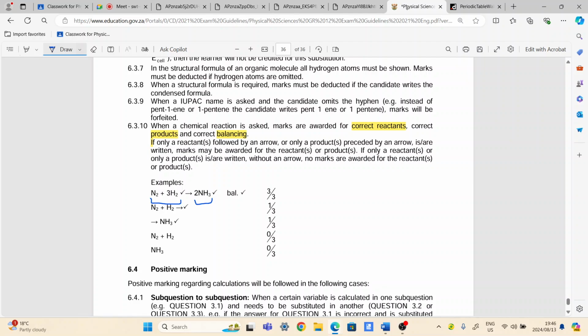But again, even if you don't know the full equation, write down the reactants, draw an arrow and leave it blank, you can still get 1 mark. Or if you know what the product is but you don't really know the reactants, write down the product, you can still get 1 mark. But be sure to put the arrow in. As you can see over here, they did not draw the arrows, so they did not get the marks.